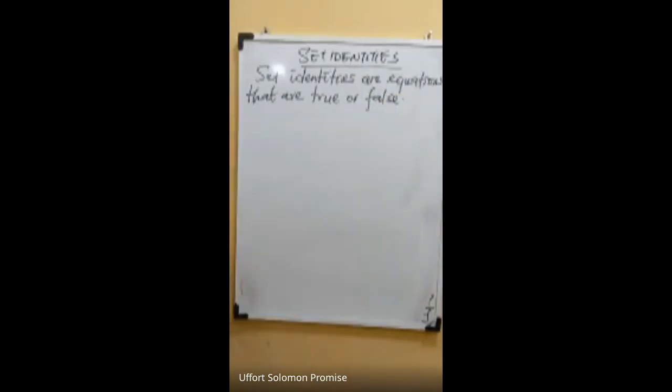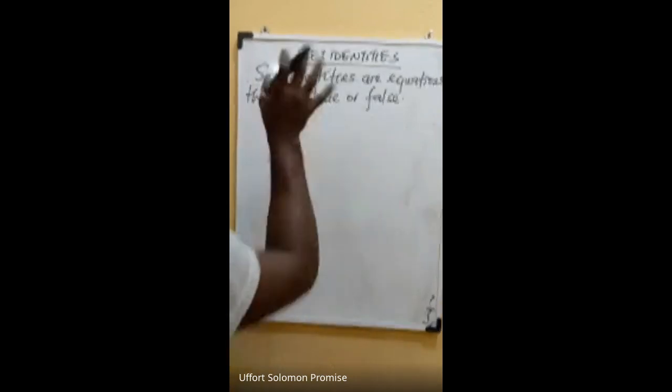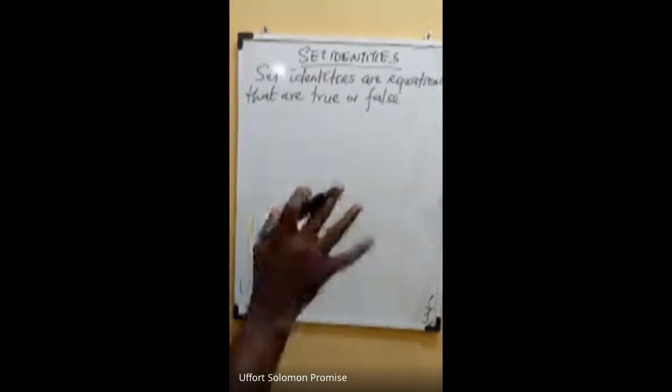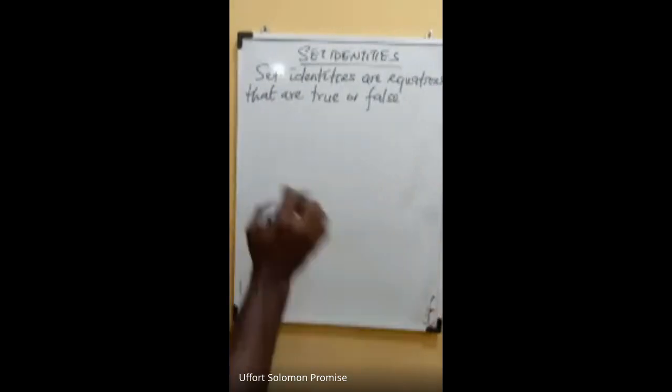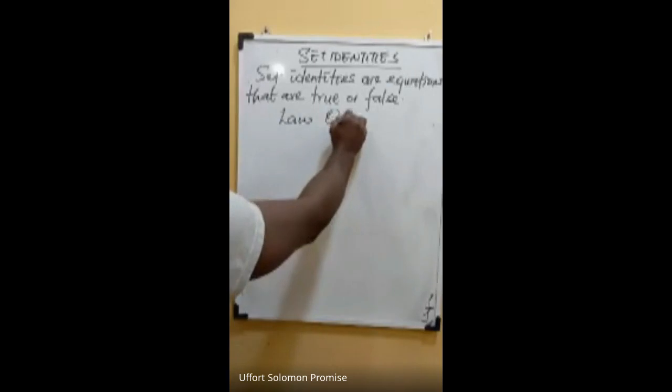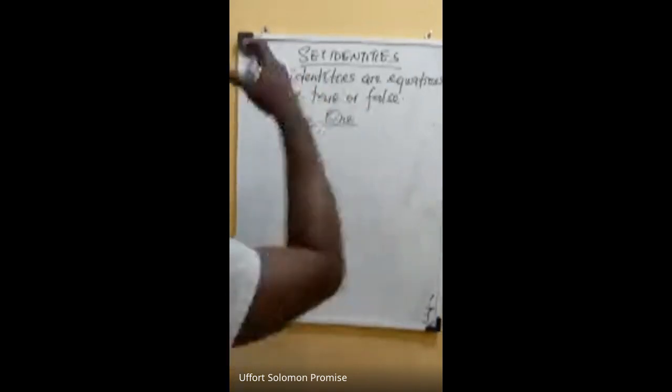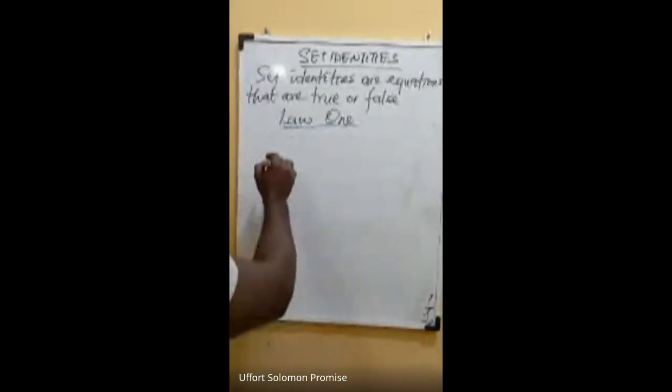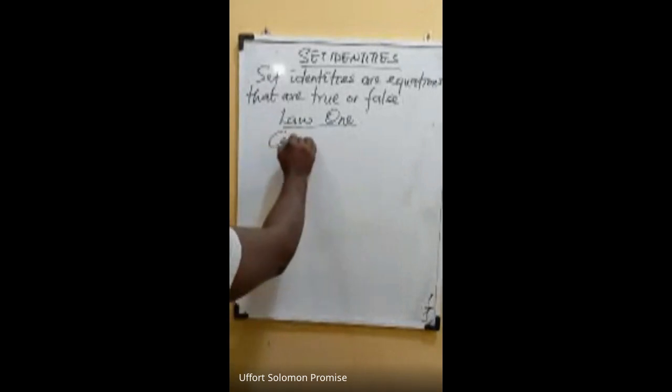For example, with set identities there are rules, there are laws. Let me call it law 1, or rule 1. This is my own term now. The first one is actually called the commutative law.